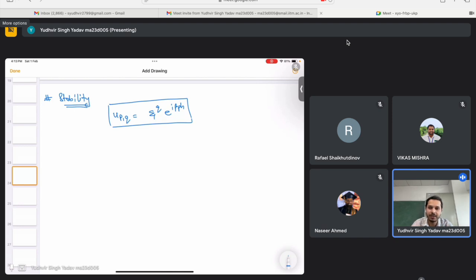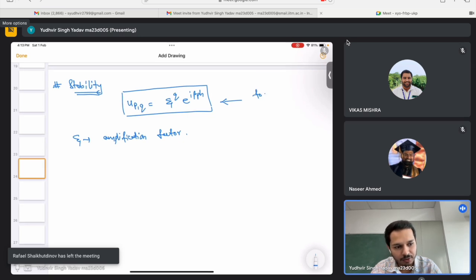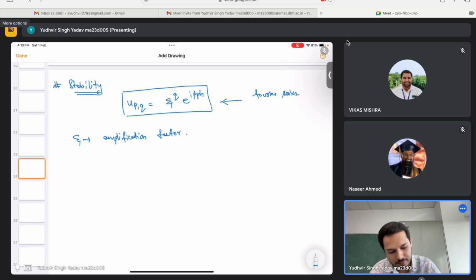In order to determine the stability, we will consider the solution of this form. Here ξ is an amplification factor, and this formula is obtained from Fourier analysis or the Fourier series method. To find the stability of any finite difference scheme, we can use this method.